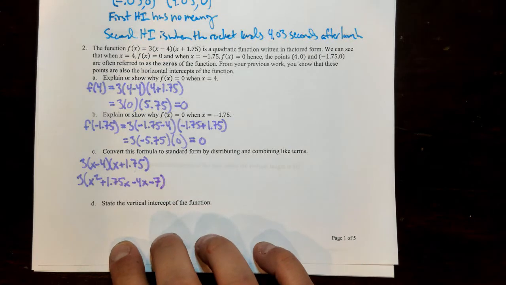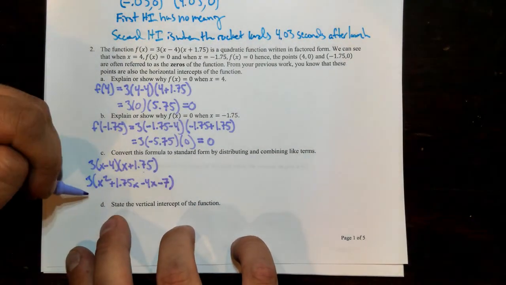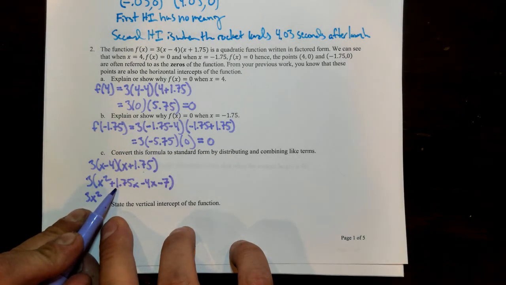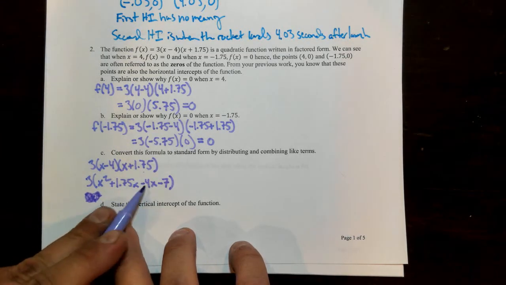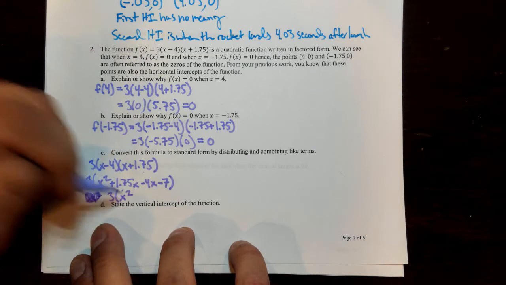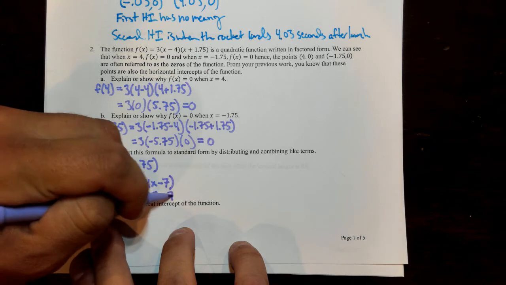And then I just need to distribute that 3. Let's combine like terms first to make our lives easier. We have two x terms. So we're going to have 3 times x squared minus 2.25x minus 7.